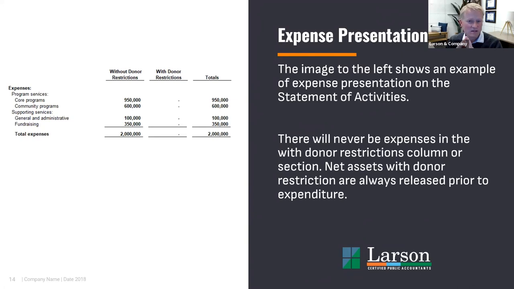Up in the revenue section, there's a release of donor restrictions line that nets to zero, but it essentially moves it from the with donor restrictions column to the without donor restrictions column, and then it's expensed below there. So that's just something to keep in mind with the nonprofit statement of activities.